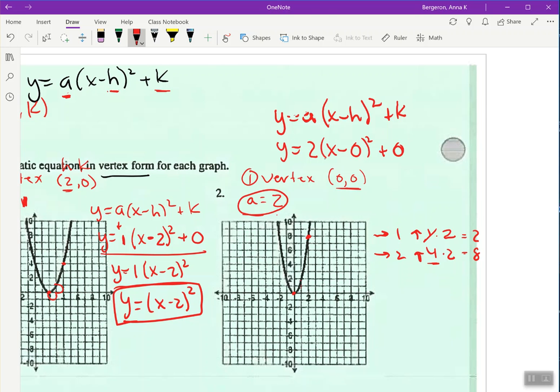If I want to simplify that, x minus 0 is the same thing as just x. So this is actually going to simplify to y equals 2x squared, and I don't need that plus 0 on the outside either. This is what we started with and is correct in vertex form, and this is just the simplified version of that. So either one of those looks fine.